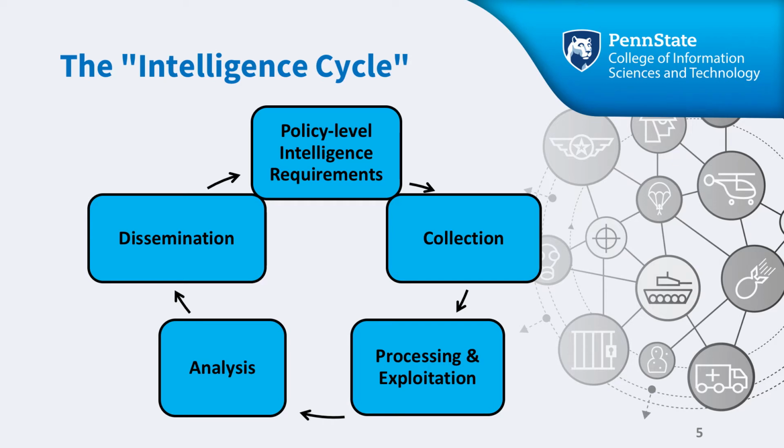And also the results of that intelligence get passed on up to the political leadership who established the collection requirements in the first place. And then based on what these people learn from what has all gone on, they may then establish a new set of requirements. And therefore, that's why it's sometimes called a cycle. It keeps feeding into itself.